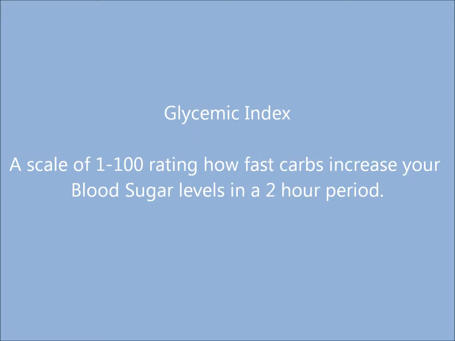Then your high GI carbs are going to be white bread, popcorn, baked potatoes, etc. Low glycemic carbs are going to be slow digesting, so you can just think low is slow and high is fast. If you have a high glycemic carb, like white bread and sugary carbs, it's going to raise your glucose level much faster because it's converted over to glucose much quicker.